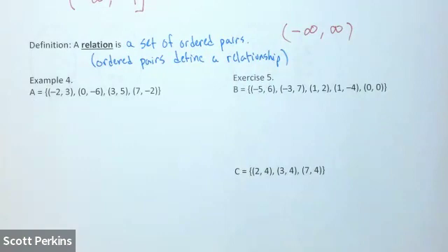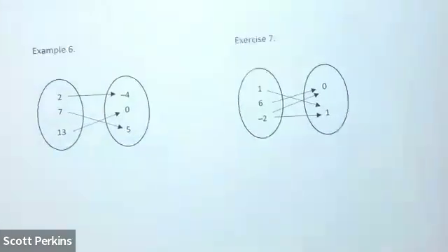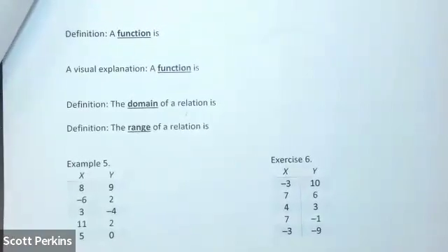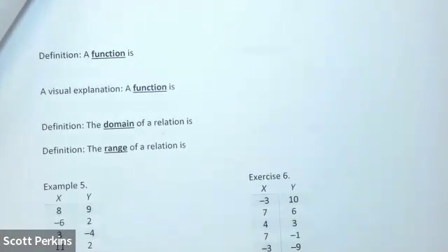We're going to come back to page 1, but now we're going to flip to page 2 because before we can have any fun with these relations, I need to tell you now what a function is. A function is a specific kind of relation.